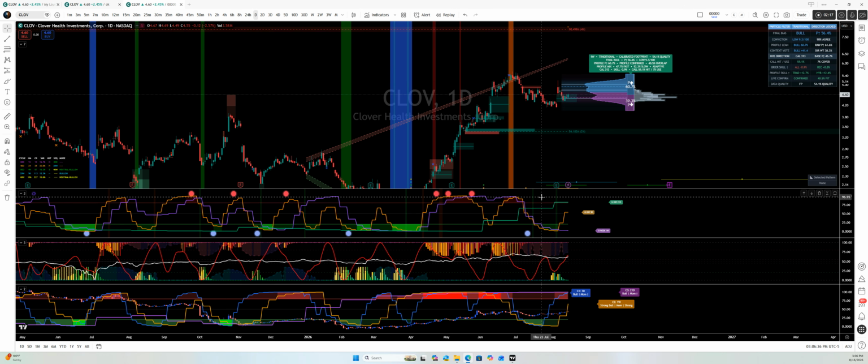So now I kind of improved my cycle analysis indicators a little bit, so they look a little bit different. I got the price action cycle analysis, and I have the CVD cumulative volume delta cycle analysis.